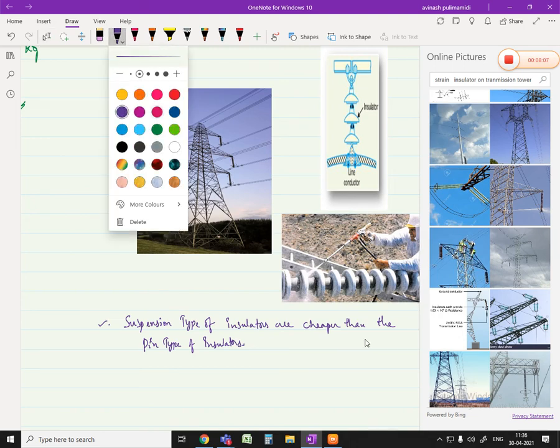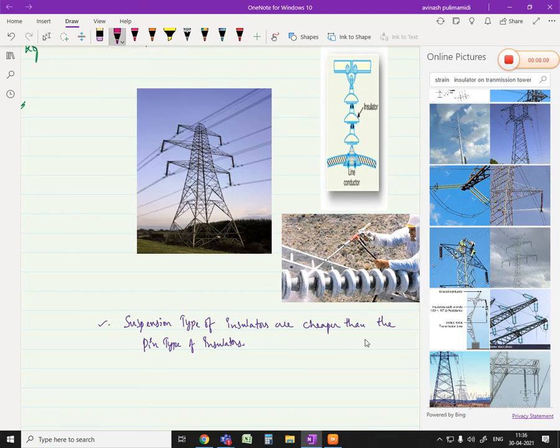The next point: these insulators provide greater flexibility to the transmission lines.